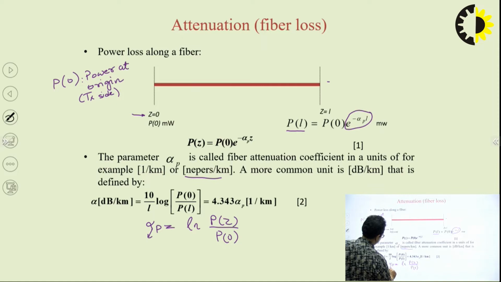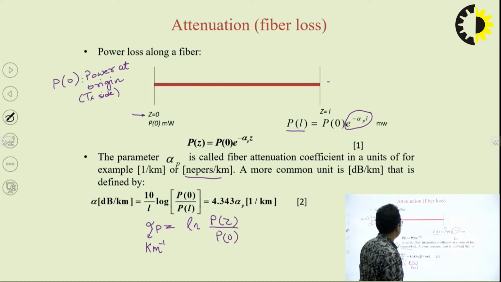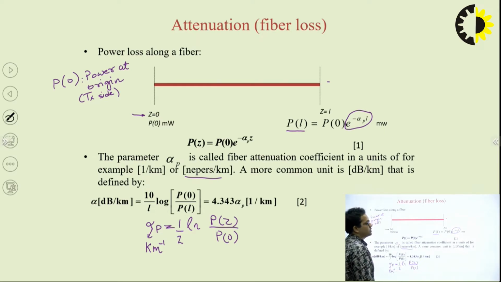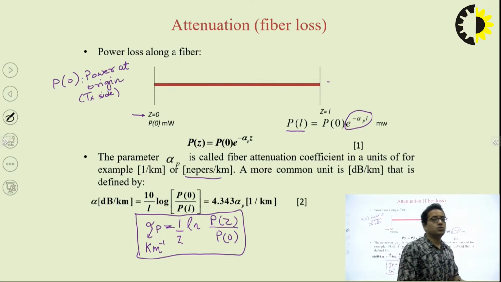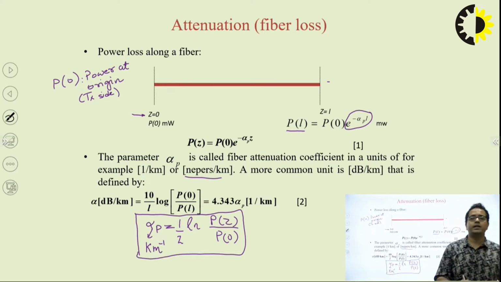This is the expression for the attenuation factor along with 1 upon Z. So if you are considering some distance L apart from the transmitter, you will substitute Z as L. That's why it will become 1 upon L ln Pz upon P0. So that is the formula available to you for calculating the attenuation coefficient or attenuation factor in terms of per kilometer.